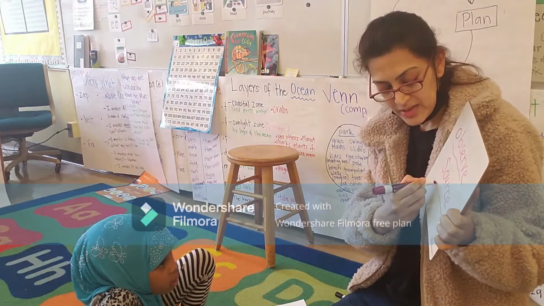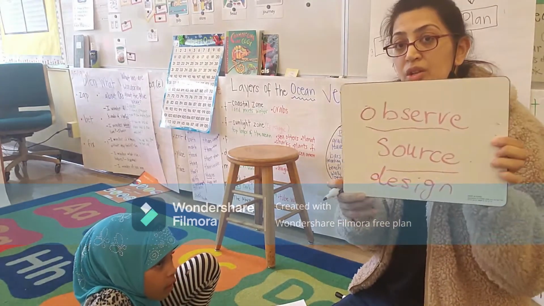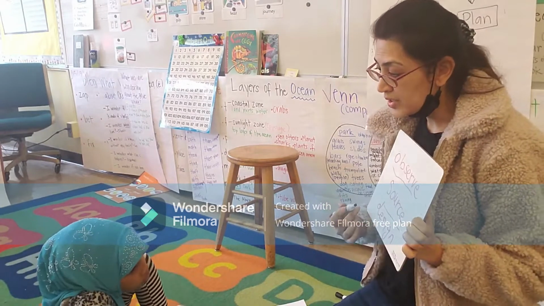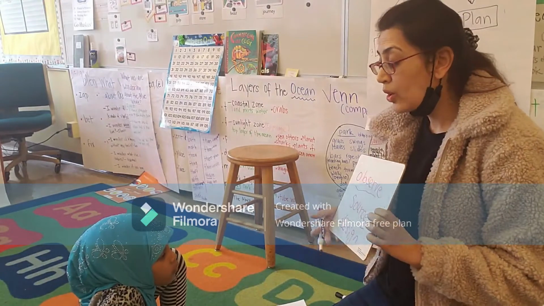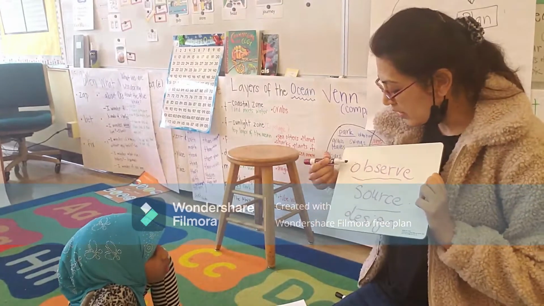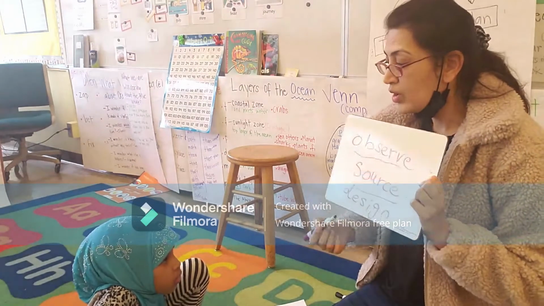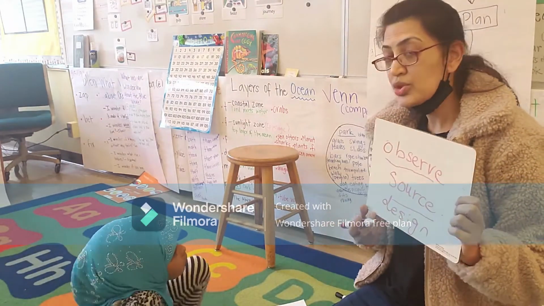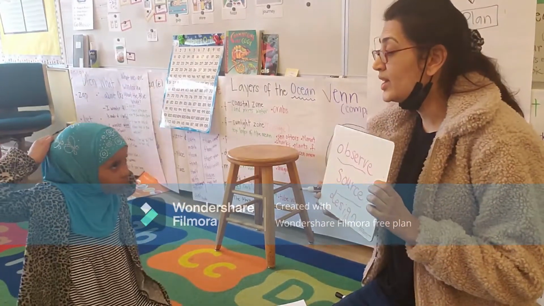And another word is design. These are the words we are using, and you can write them in your notebook to understand what observe means, what source means, and what design means. All right? Did you get it?